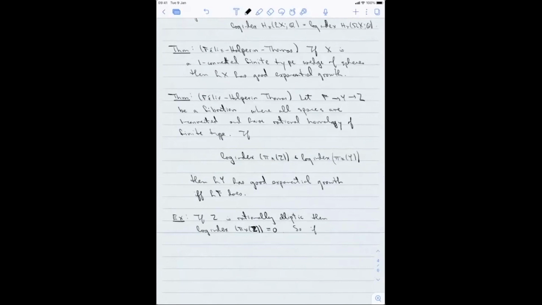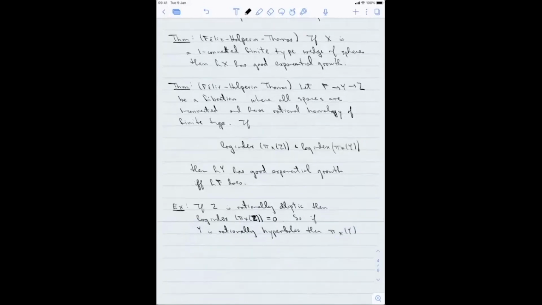So if Y is rationally hyperbolic, then its homotopy groups grow exponentially. So we have log index that's strictly bigger than 0.